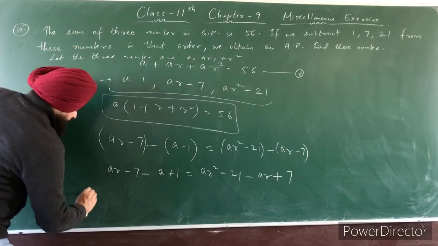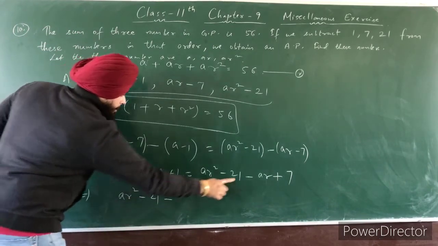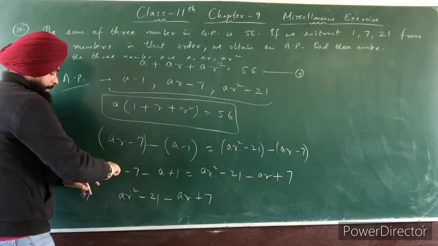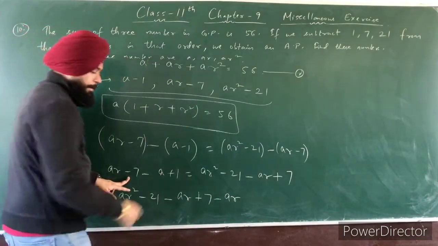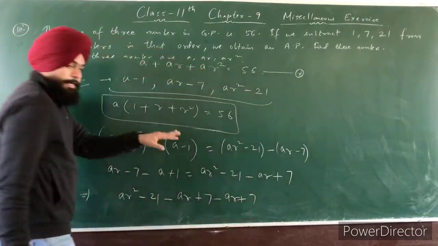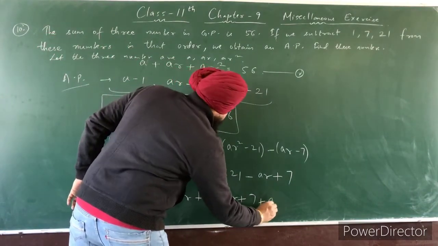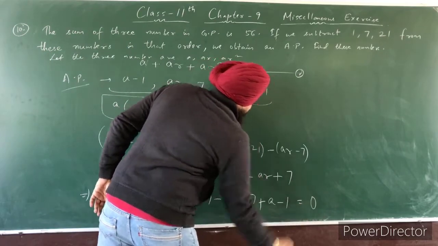So this implies ar square minus 21 minus ar plus 7 plus ar becomes minus ar. Minus 7 becomes plus 7 and put on the other side. This minus a becomes plus a and plus 1 is minus 1, is equal to how much?